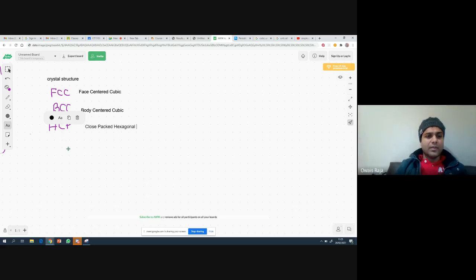Okay. There is another one. These are the most common ones. There are a lot of others as well, which we don't discuss, which is orthogonal, diamond cubic, and so on. But we don't discuss those. And then there is another one called simple cubic. Simple cubic, yeah, SC is simple cubic.